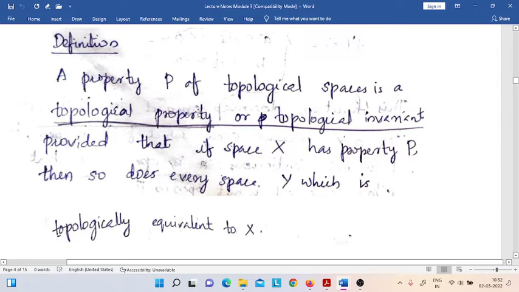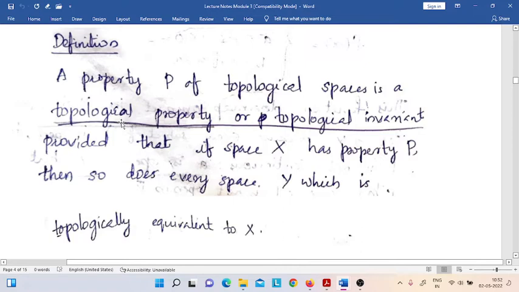This definition is about the property of a topological space. We can say that the space is topologically invariant in such a situation, but we are coming to that point. First let us see what a topological property is.